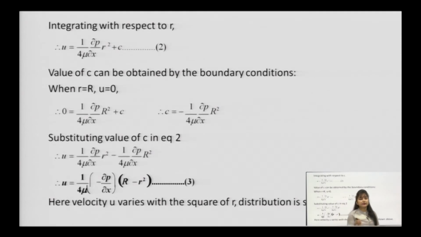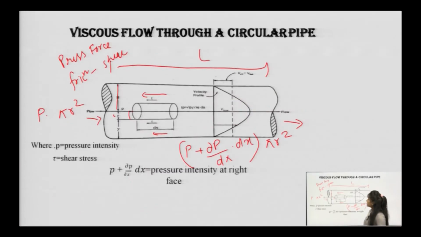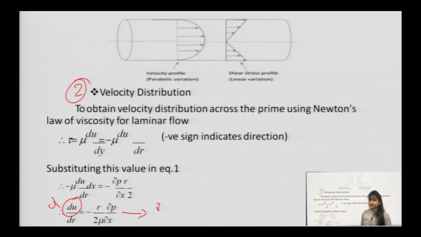C can be removed by the boundary conditions, wherein you replace small r with capital R, and as small r changes to capital R, the velocity also changes to 0, because at the boundary velocity is 0.